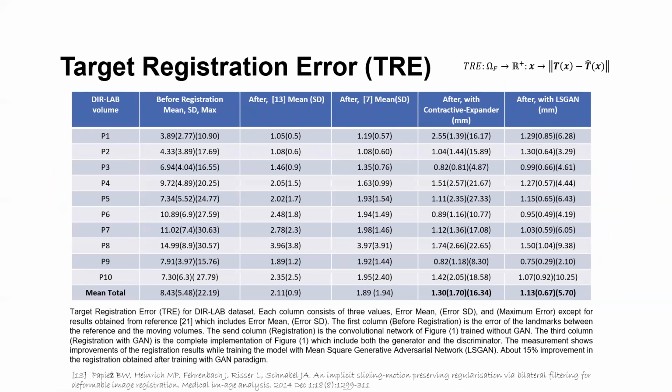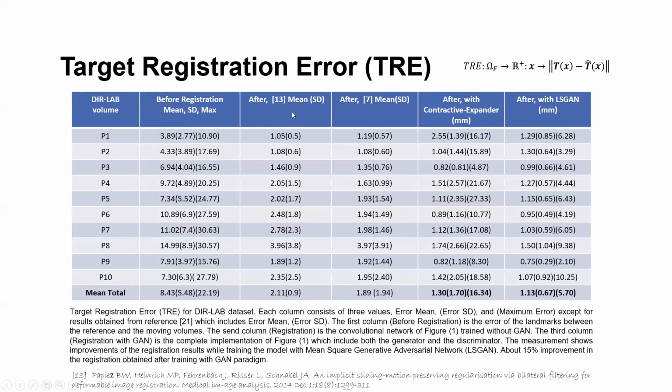The list in the figure shows what we obtained and what we compare to the previous results. On the left are the cases that the DIR-Lab dataset contains. In column 2, we have the target registration error before registration.